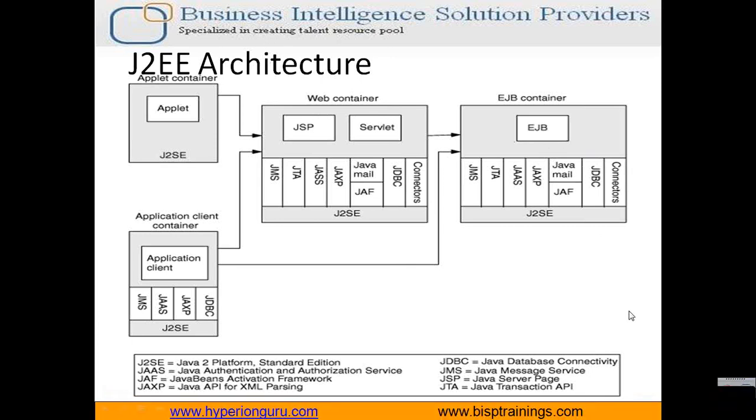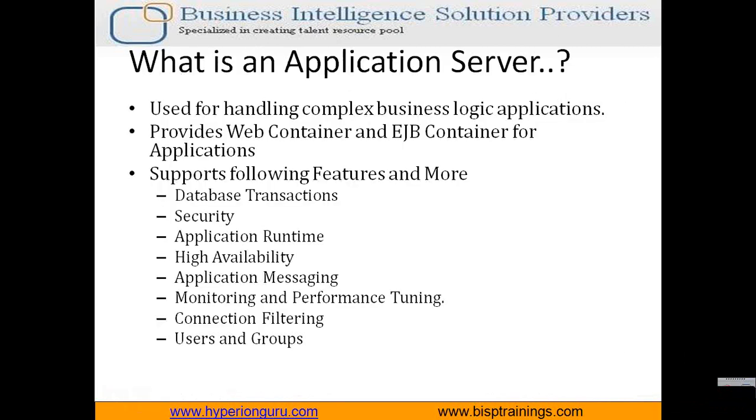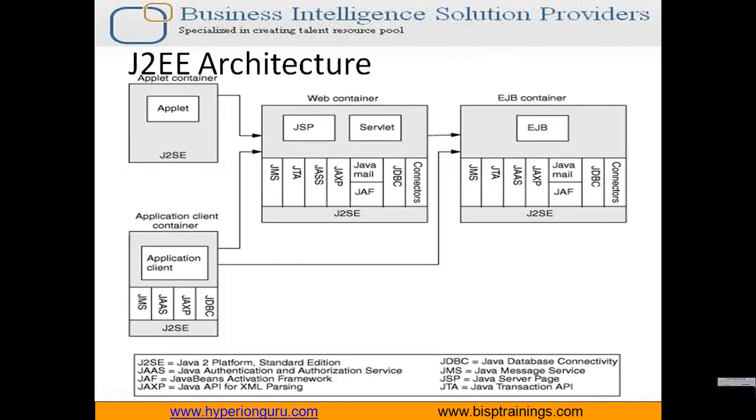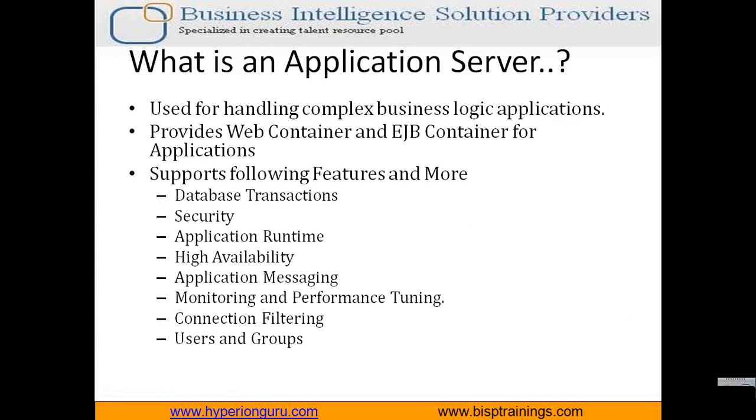After that, this is about the J2EE architecture, and we will see what exactly application servers are. Application servers are part of the J2EE architecture. They are used for complex business logic applications. They are mainly used for handling big infrastructure, like what I said for a leave application, a credit card or an ATM transaction.